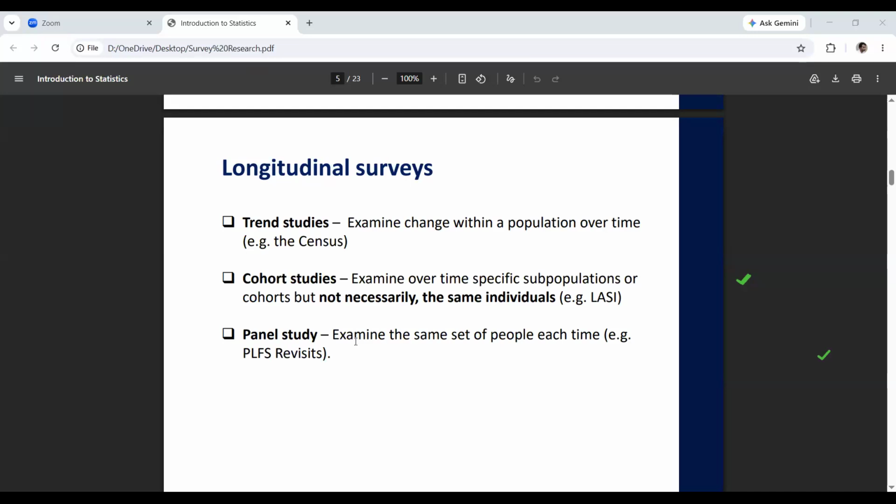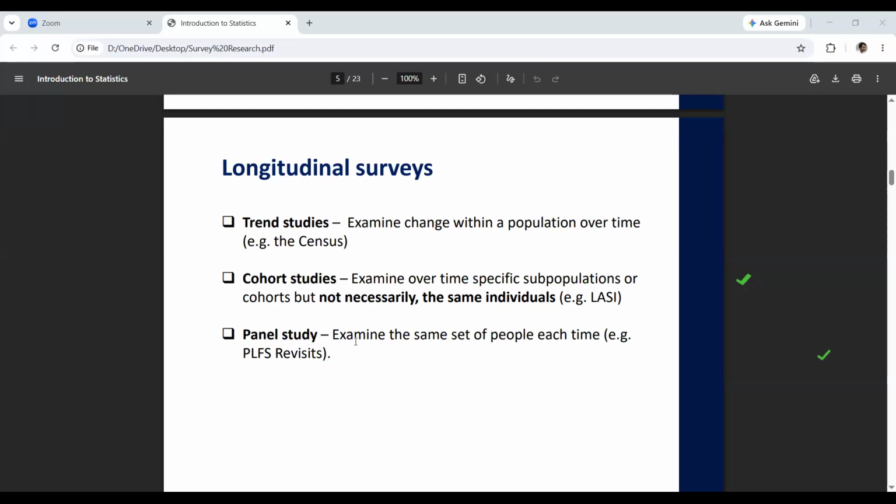And what is the difference between a longitudinal study and a panel study? Basically, a cohort study here is longitudinal only, and a panel is a subset of longitudinal studies. In panel studies, the same participants are studied repeatedly. For example, in wave 1, suppose 73,000 persons of age 45 and above were interviewed.